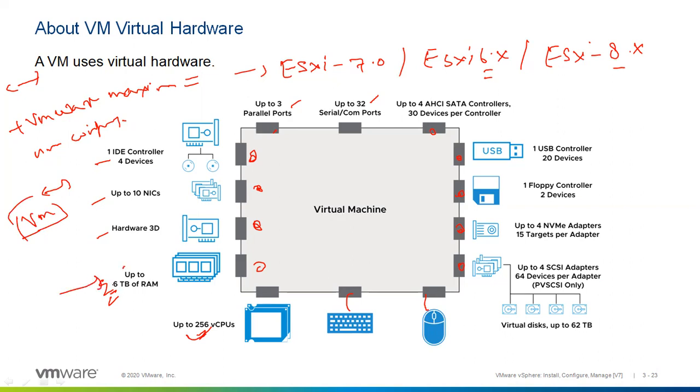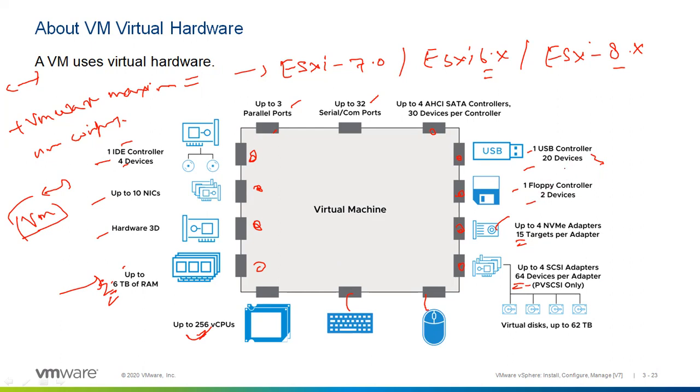Here you can see "up to", which means it is talking about the maximum. For ESXi 7, this is the maximum virtual hardware configuration your virtual machine can support. For SCSI controller, each adapter will have 64. For NVMe controller, 14, 15 target adapters, 1 floppy controller, 1 USB controller, 20 devices.